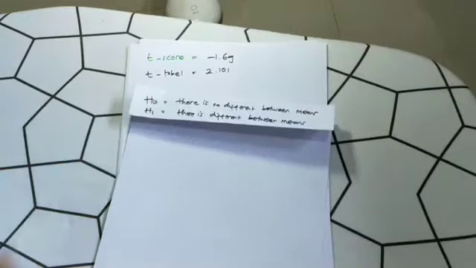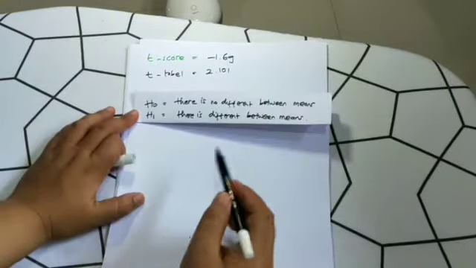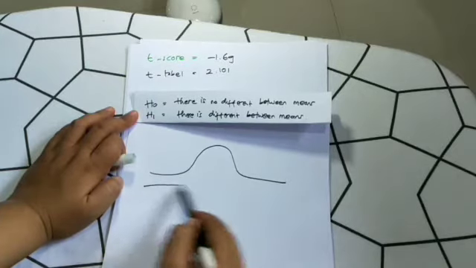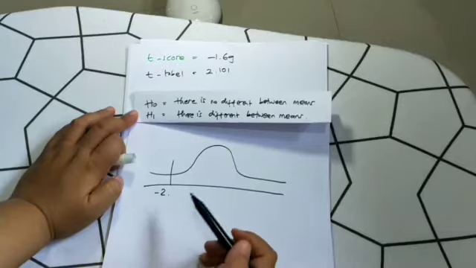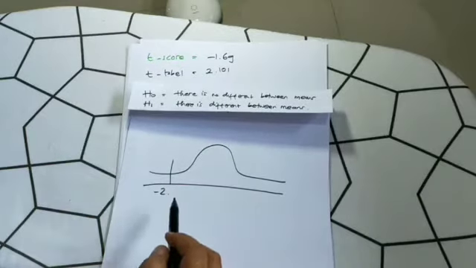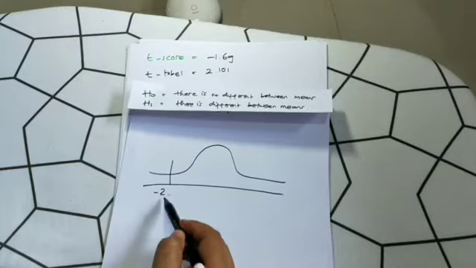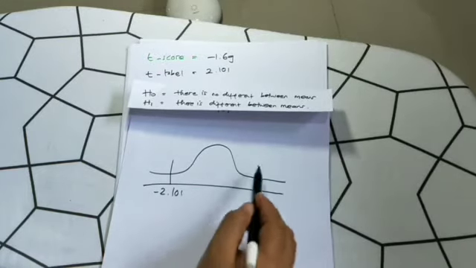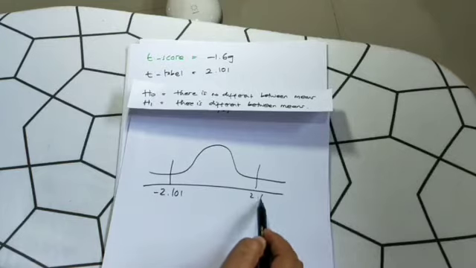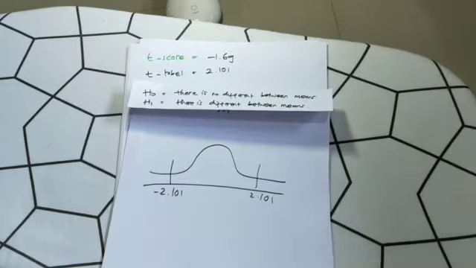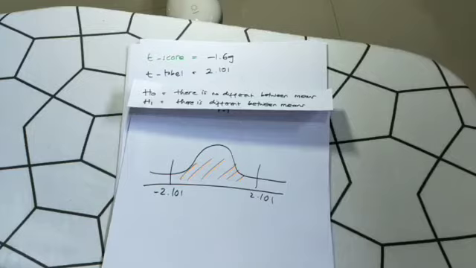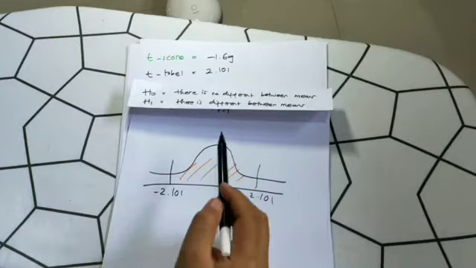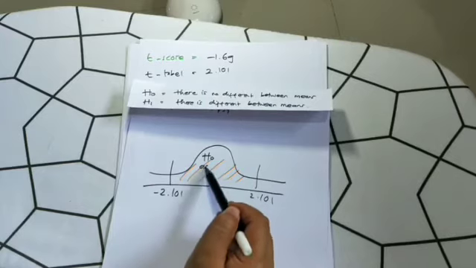So based on this hypothesis, we can draw the graph here. The cutoff is plus and minus, because two tails, so you have the left side and the right side. Minus 2.101 and 2.101. So whenever your t-score is in this range, your null hypothesis is accepted.